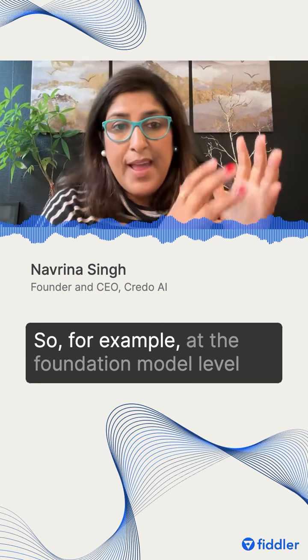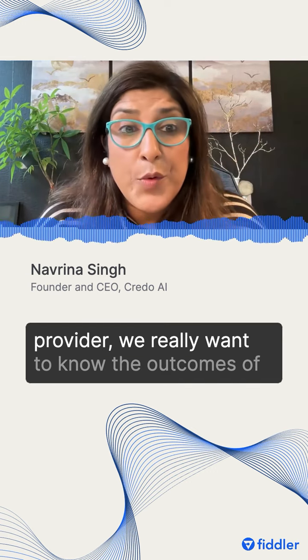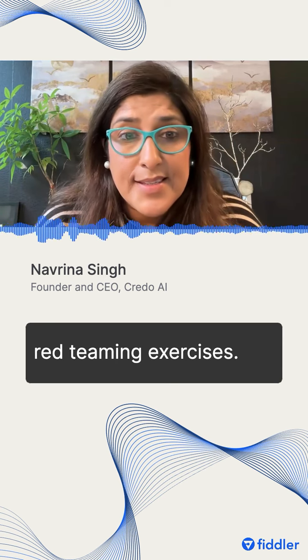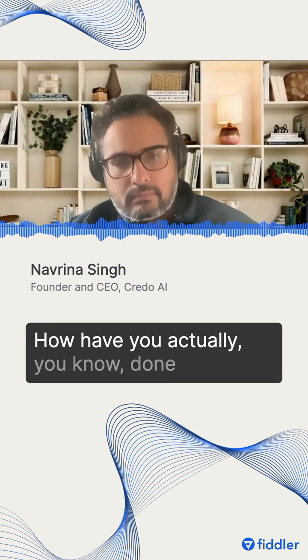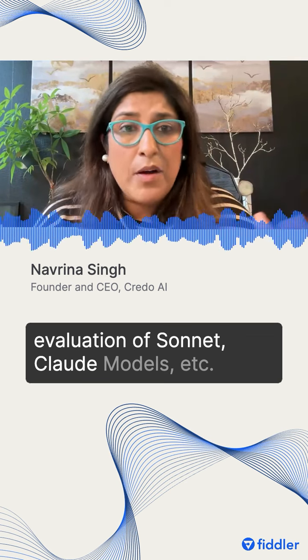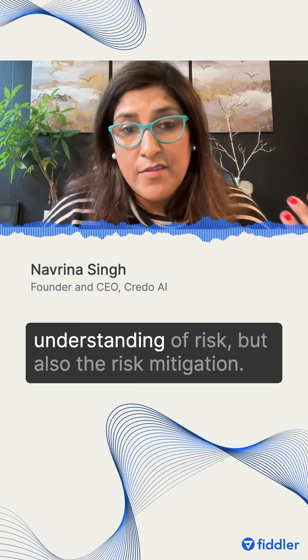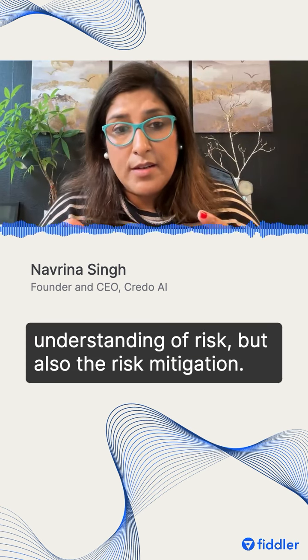So, for example, at the foundation model level provider, we really want to know the outcomes of red teaming exercises. How have you actually done evaluation of Sonnet, Claude models, etc., to make sure that you not only have an understanding of risk but also the risk mitigation.